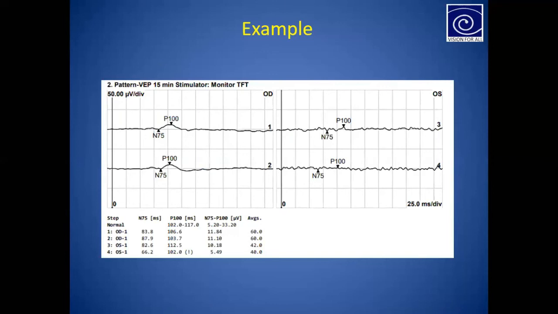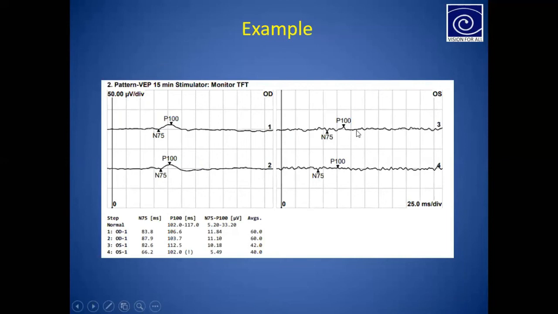This is the pattern VEP of both eyes. The right eye is showing a normal wave response, with N75 and P100 responses. But in the left eye, even though there is an extinguished response from the patient, still N75 and P100 responses are calculated by the system.